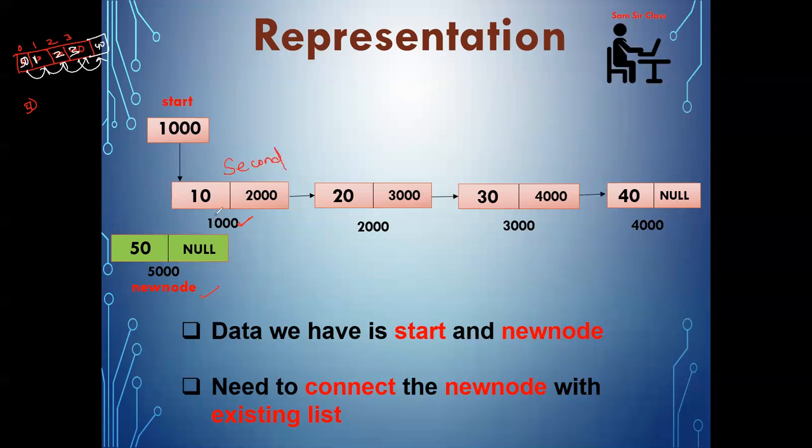And if this will be the second node, then its address will definitely be present in the next of the new node, so that this will become the first node and will be connected to the second node. Okay. After that, as the new node will be the first node, my start will contain 5000, the address of the new node, so that this connection will be deleted and this new connection will be established.